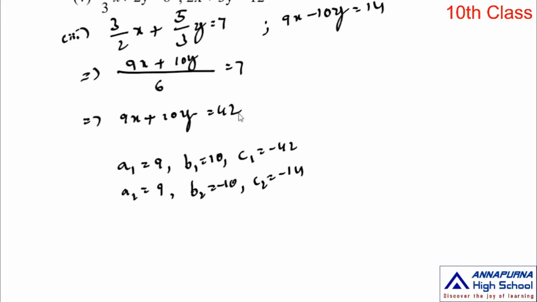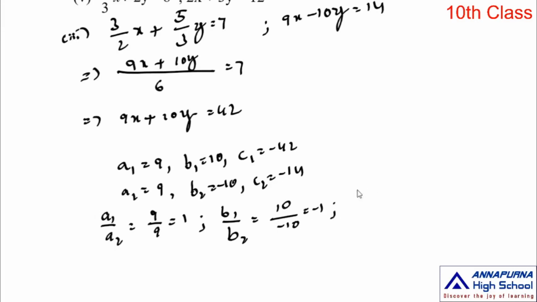Here constant terms are present on the right side, so when you transpose to the left side, minus 42. Now find out the ratios. a1 by a2 is equal to 9 by 9, it is equal to 1. b1 by b2 is equal to 10 by minus 10, it is equal to minus 1, and c1 by c2 is equal to minus 42 by minus 14, it is equal to 3 by 1.